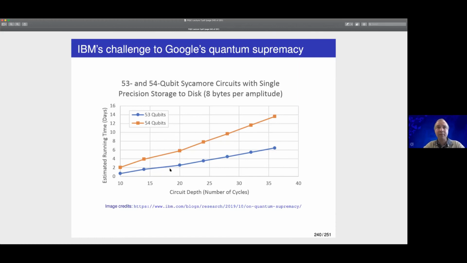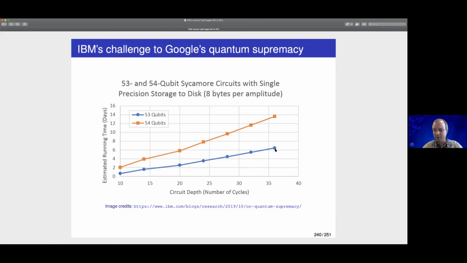And they showed that, for instance, for 53 qubits and a depth of up to 35 or 30 something layers, you could simulate this not in 10,000 years, but in about 6 days. Okay, which is much more than 300 seconds or 3 minutes or whatever Google needed with a quantum computer, but is much less than 10,000 years.